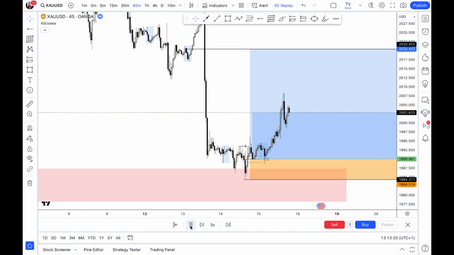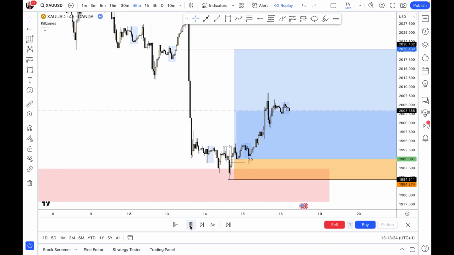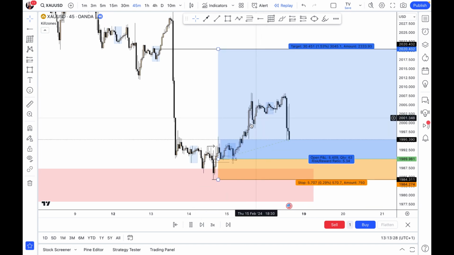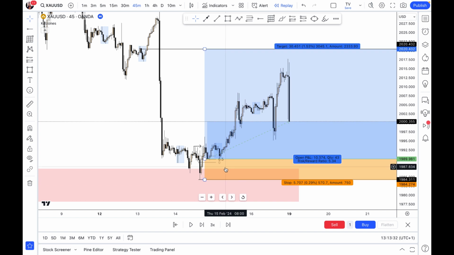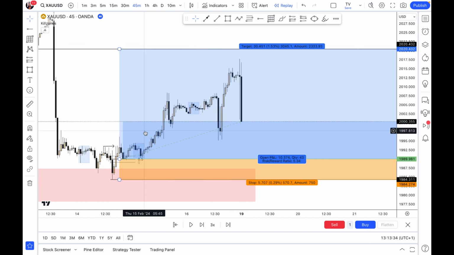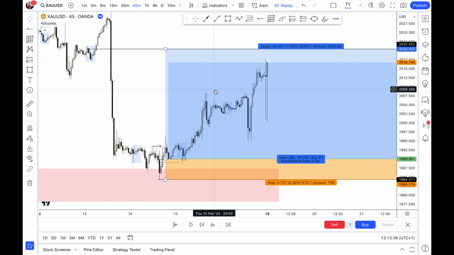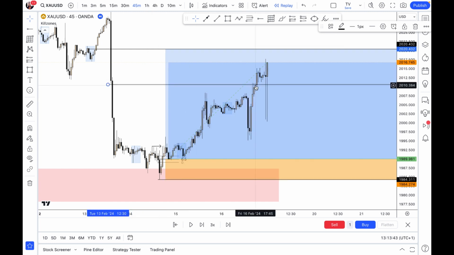So as you can see, market is gradually moving up, so this is actually not a day trade. So if you are in this trade, you are going to have to hold for a long time. But if you are a day trader, you probably want to step out at zones like this as well before the day close.